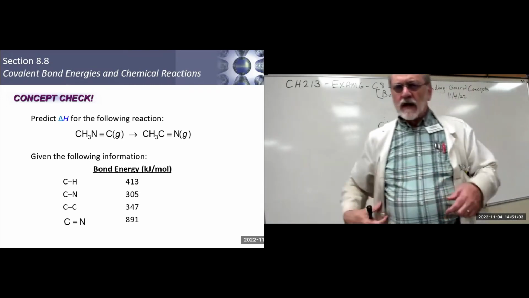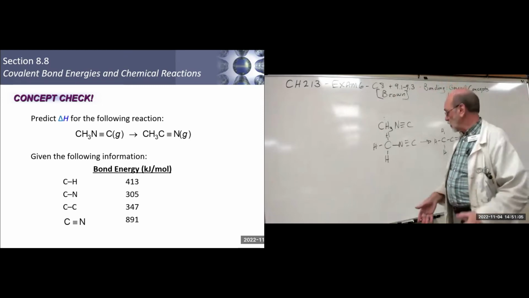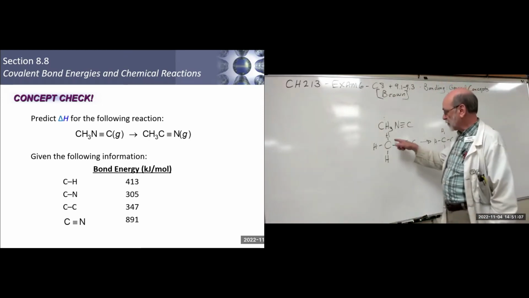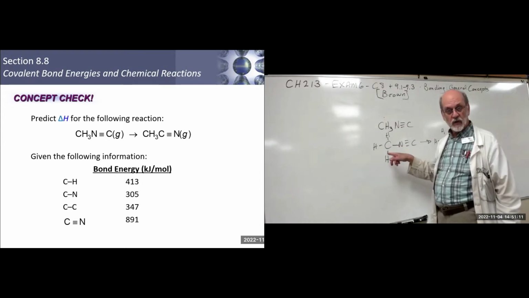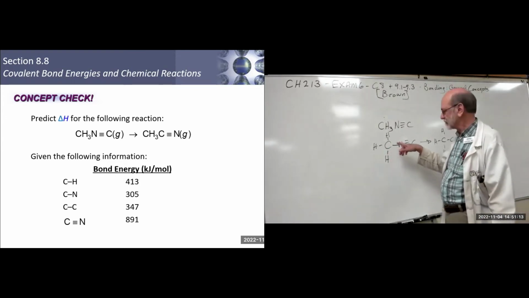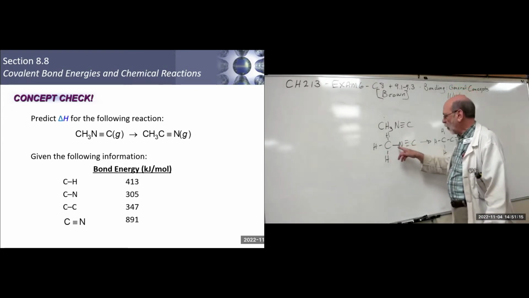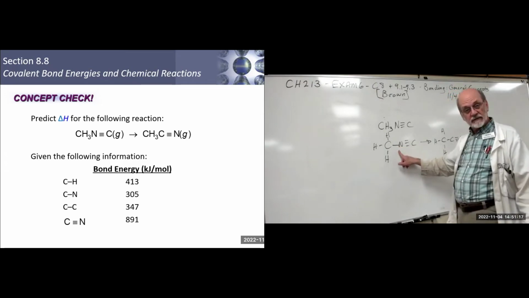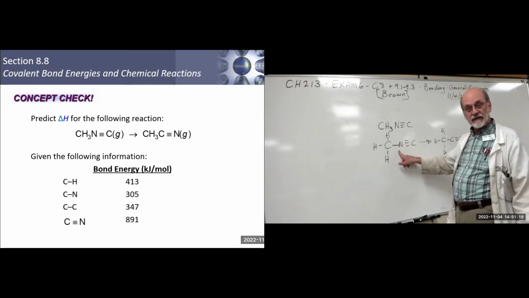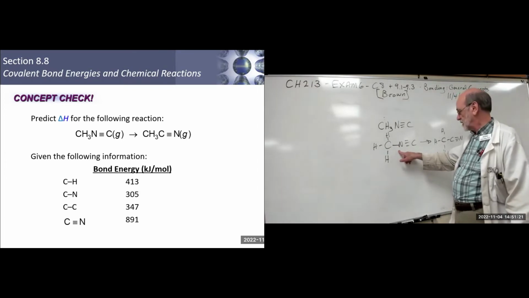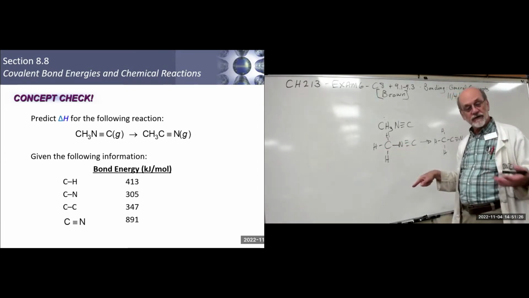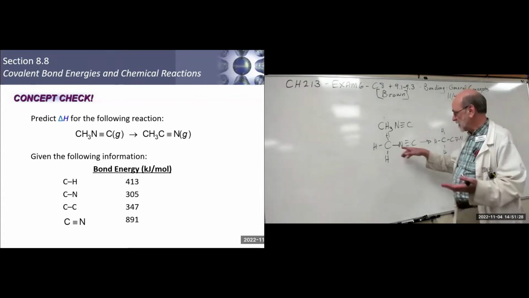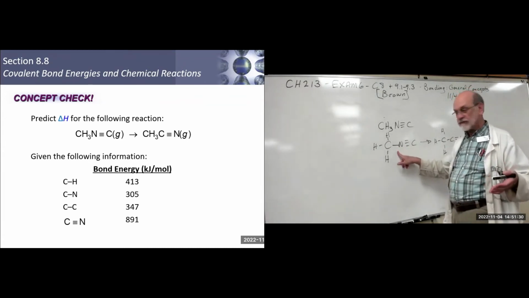Okay, so we would say, all right, we have 3 carbon-hydrogen bonds at 413 kilojoules per mole. So I was right, it's kilojoules. And then we have 1 carbon-nitrogen single bond at 305 kilojoules. And we have 3 of these, so it's 3 times 413. And this is 1 times 305.